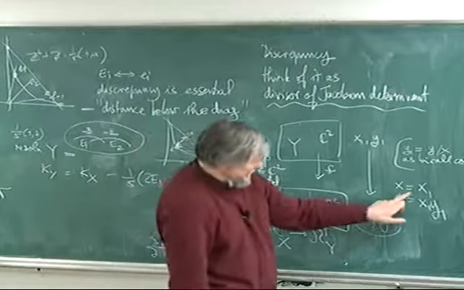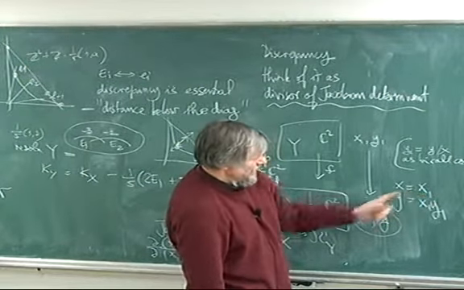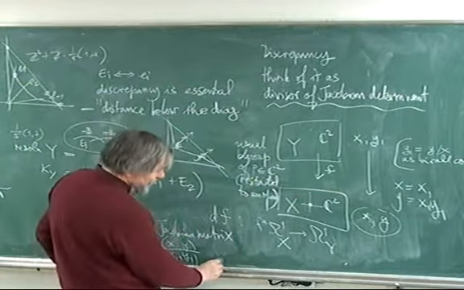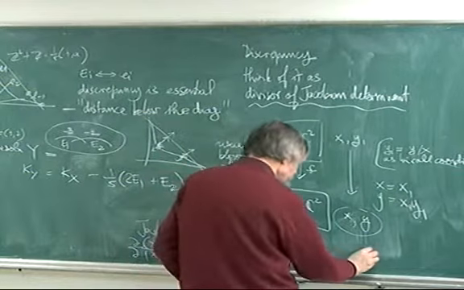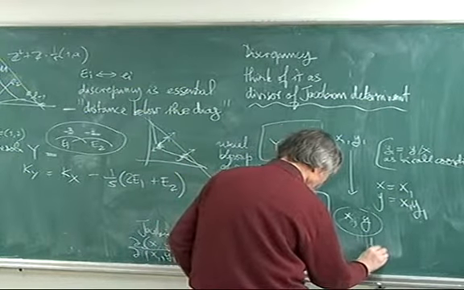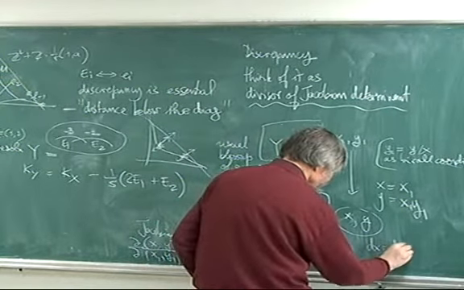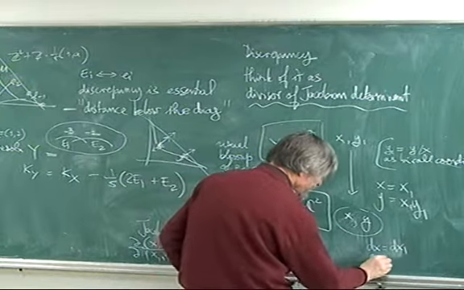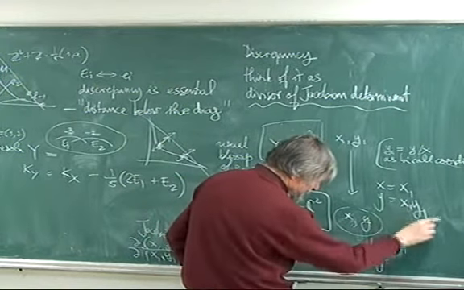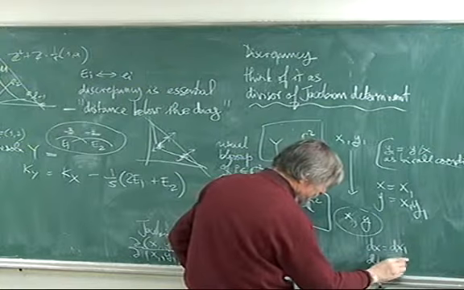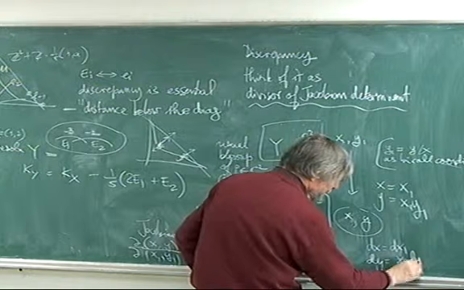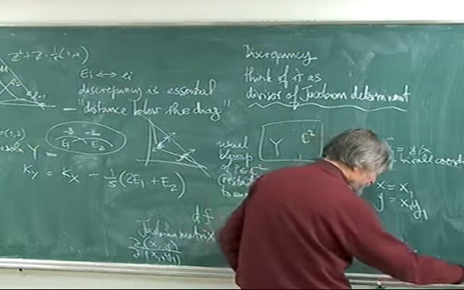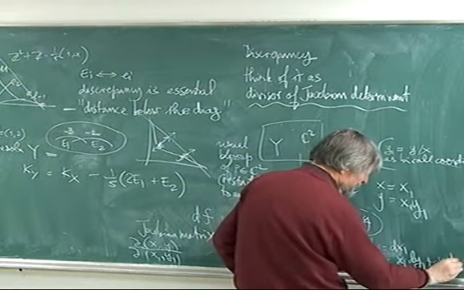Differentiate x with respect to x1, you get, so this is something like, I don't know, dx equals dx1, dy equals x1 dy1 plus some term I'm not interested in, y1 dx1.